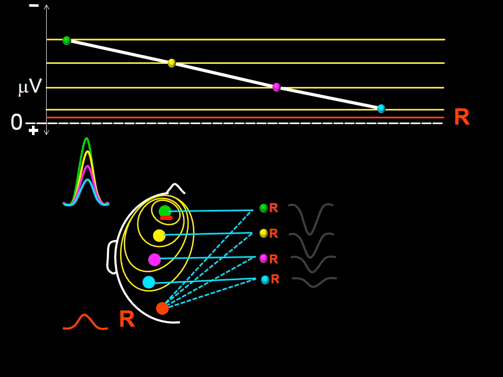Notice that all the electrodes represented in the voltage graph are on the negative side of the graph. So all the multicolor waves are up. Also notice that the reference is the closest to the zero line, also on the negative side. So it will be the smallest wave.